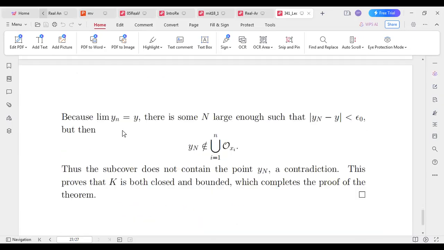Because the limit of y_n equals y, there is some n large enough such that |y_n - y| is less than epsilon_naught. But then this y_n does not belong to the subcover of O_{x_i}. Thus the subcover does not contain the points y_n. It is a contradiction. This proves that K is both closed and bounded, which completes the proof of the theorem.